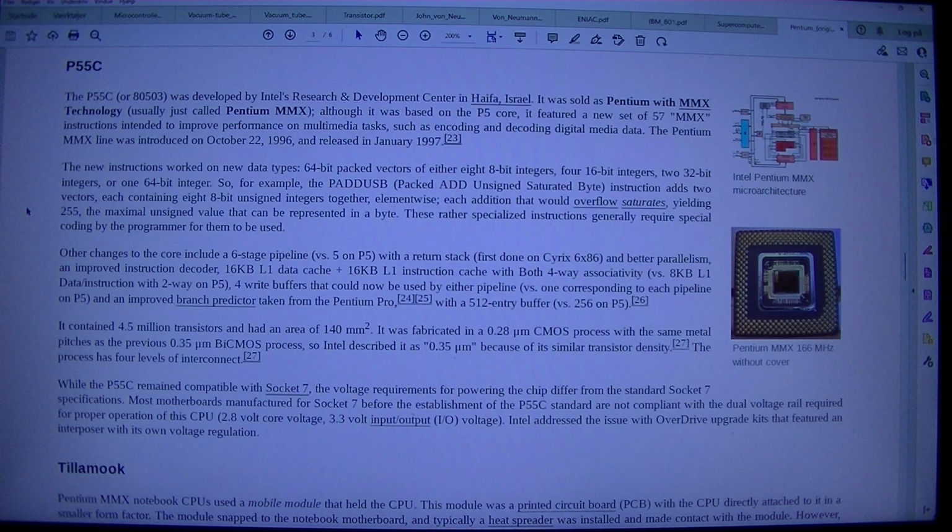These rather specialized instructions generally require special coding by the programmer for them to be used.